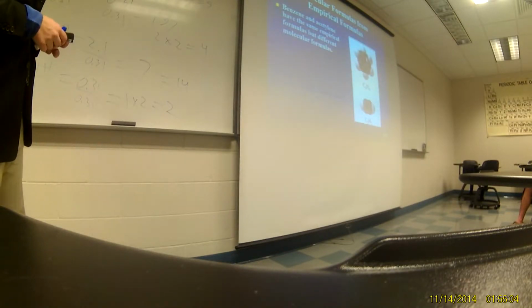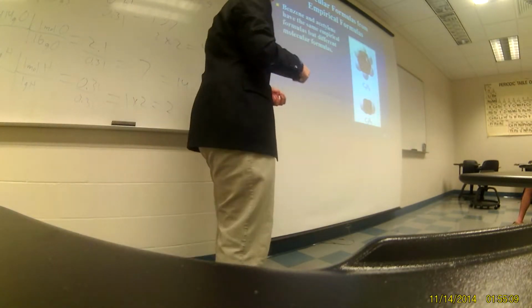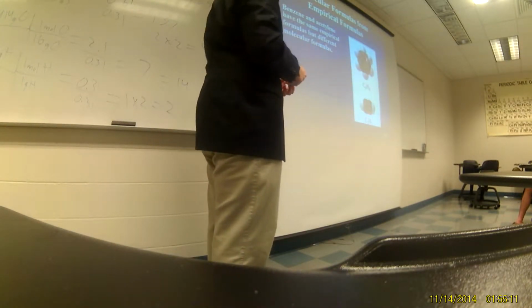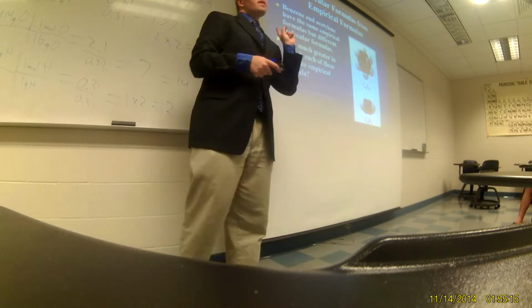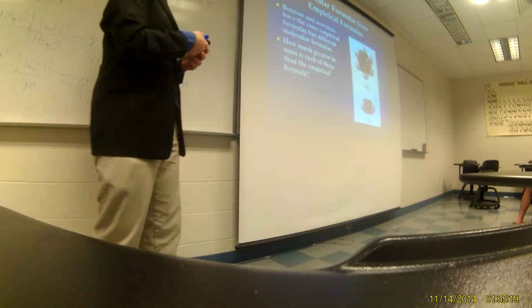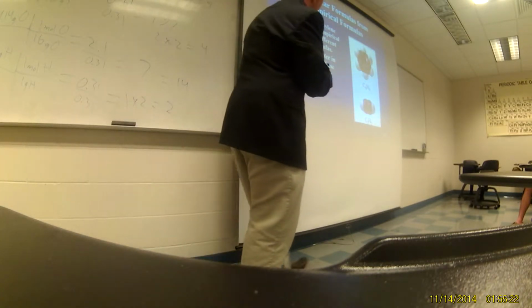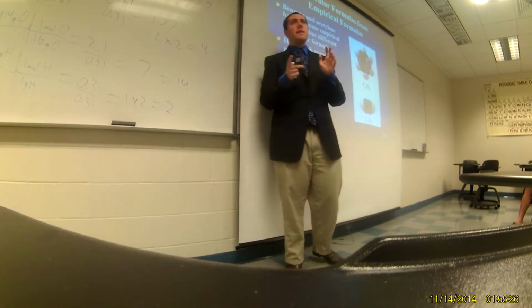So this is our same formulas. This was benzene. This is actually acetylene, which you use for welding. If we think about the mass of each, how many times greater is the mass of benzene than acetylene? 3 times.